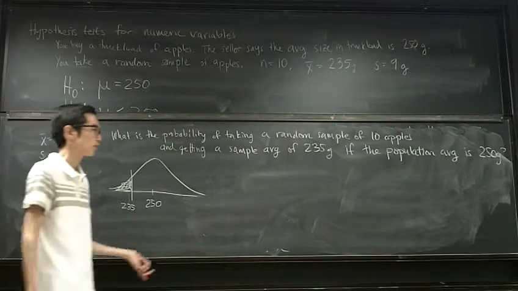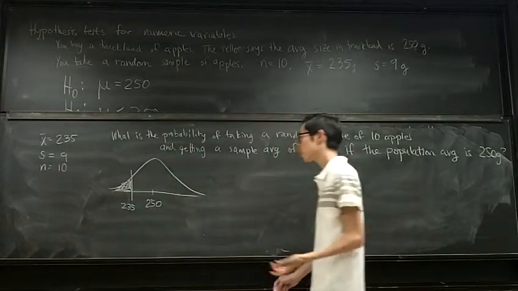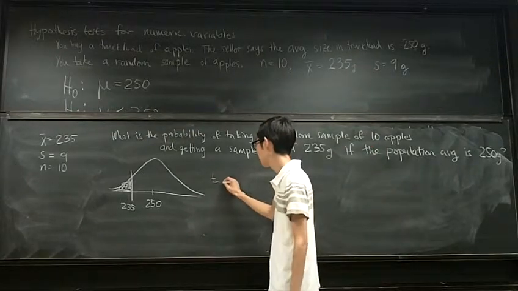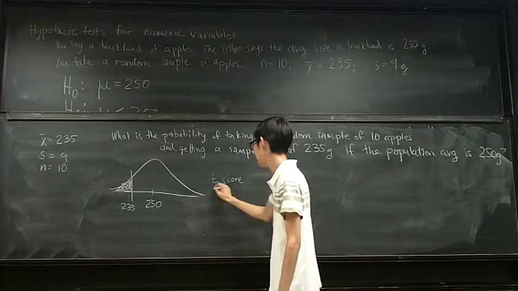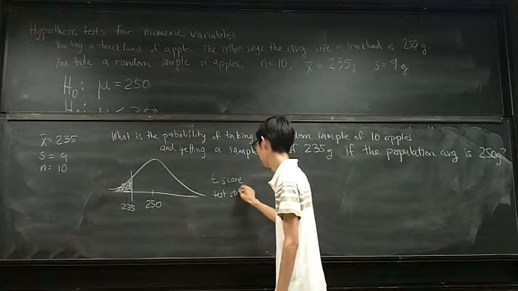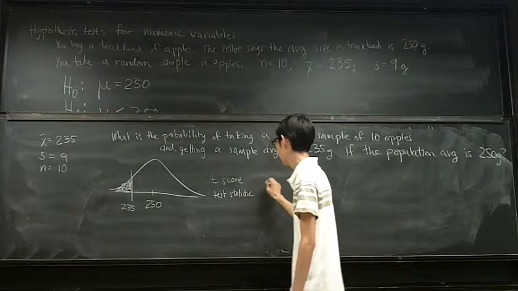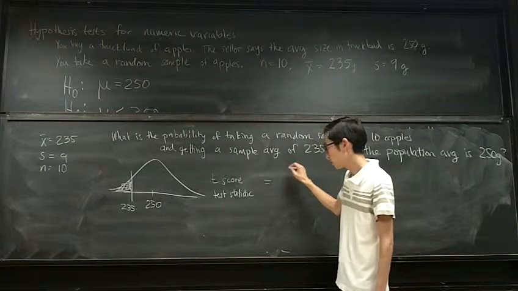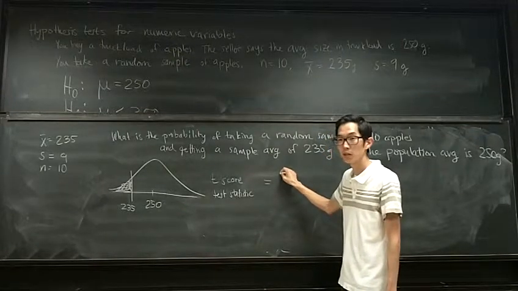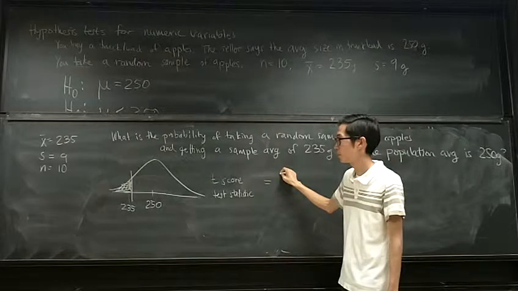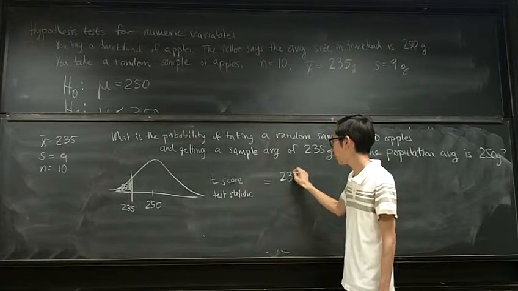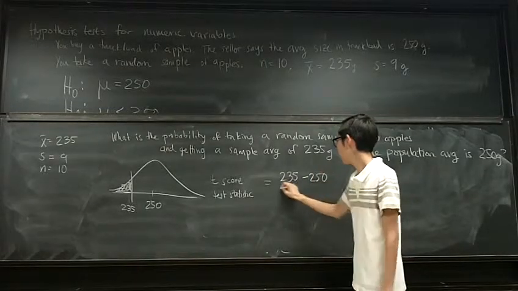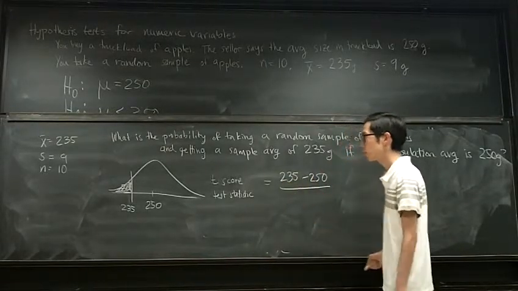So you'd think I'd get a z-score, but I'm not using the z-distribution. I'm using the t-distribution, so I'm going to get a t-score, which is my test statistic. It's just like the z-score: on the top, I do 235 minus 250, and I divide by my standard error.